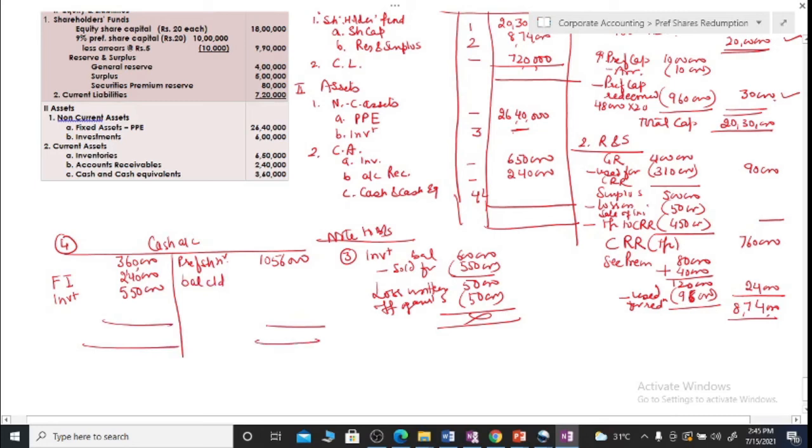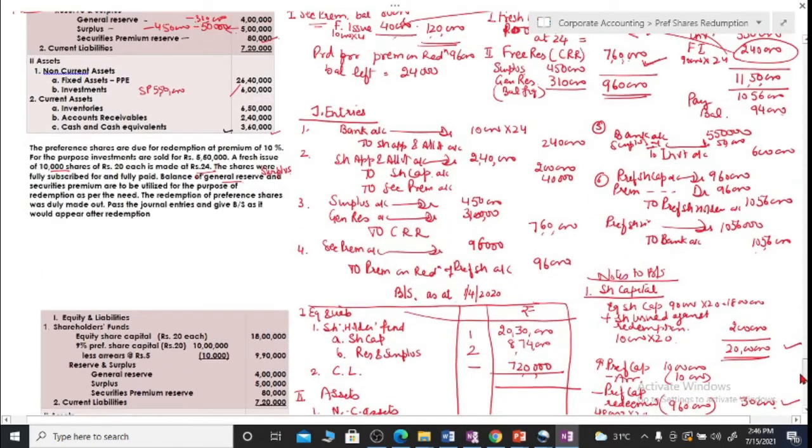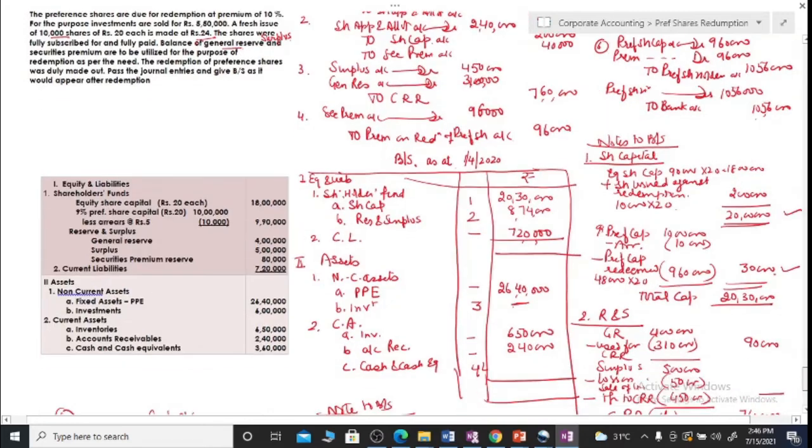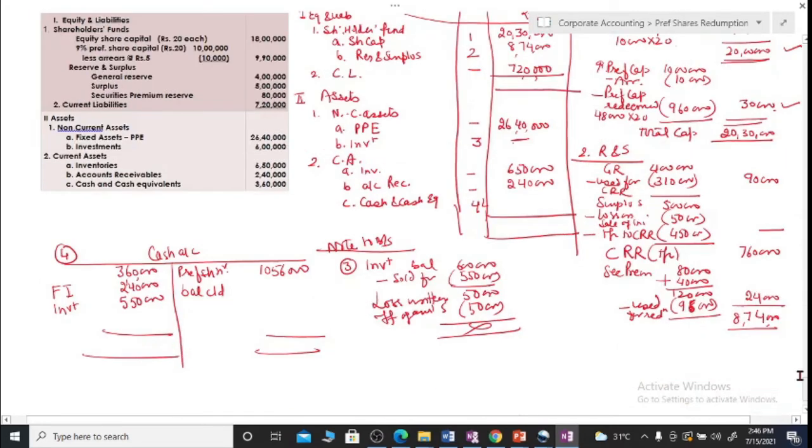In place of all this, since we have prepared a working note also, as we have prepared a note for the sources here, you see you have prepared this note, so you can also record here, rather than making this account here, you can still write: check working notes. Okay, sources of cash, so you can write this also. There is no point in doing the same thing again and again.